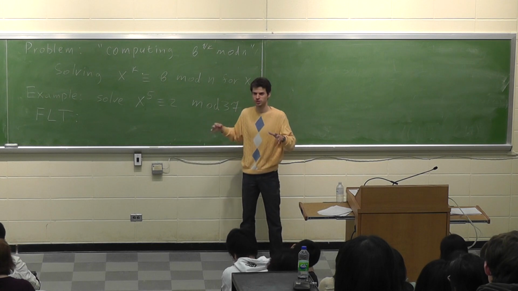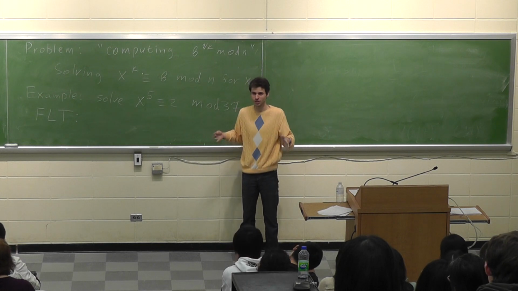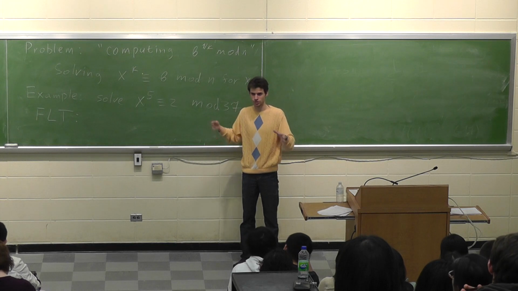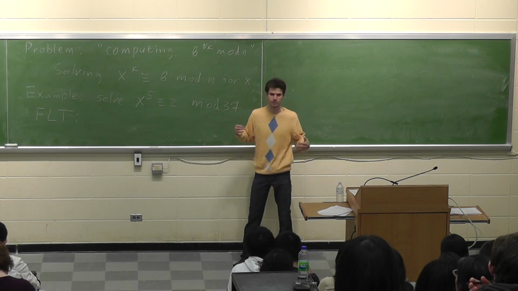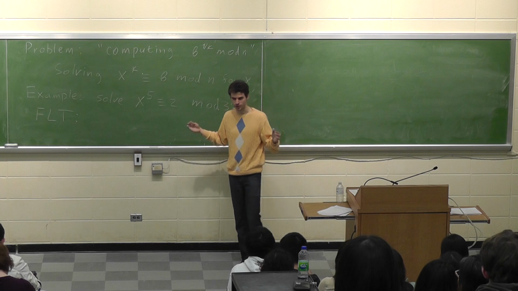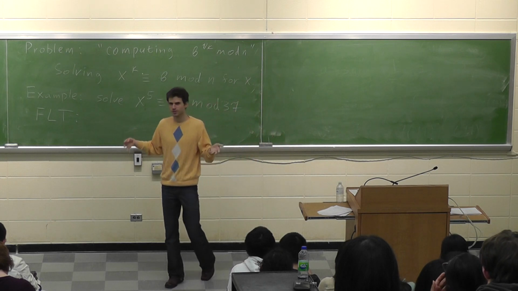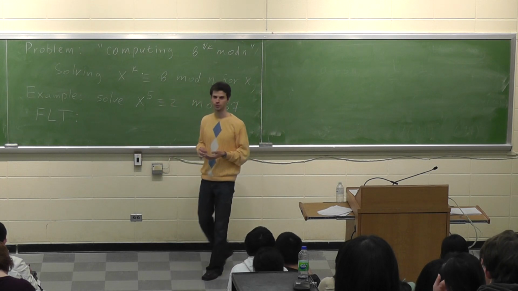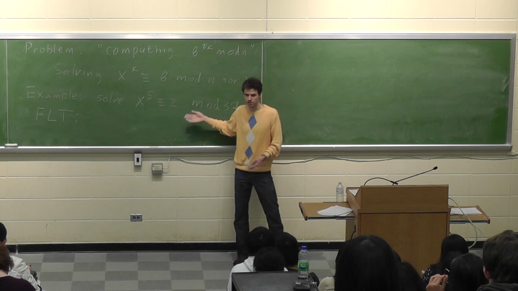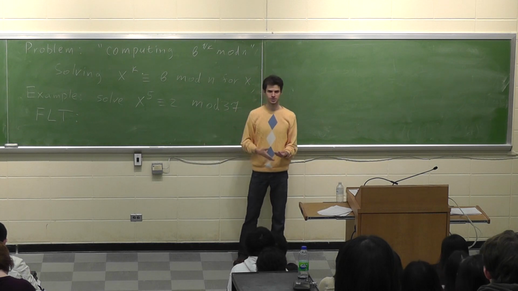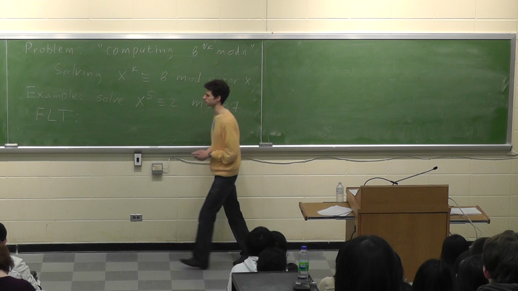That's the most naive algorithm, and it works. It takes long. If this 37 is replaced by a number with 100 digits, you won't be able to finish this way. But still, it is an algorithm that works slowly, but it works.